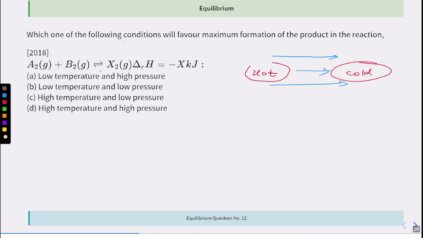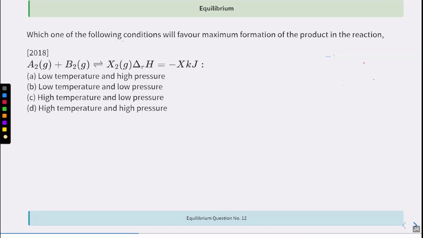So this hot and cold analogy, I hope you understood it. The reason we are coming back to this question is I want to talk about it from the other perspective that we just saw. So here in this question, they are telling that we have some reactions.